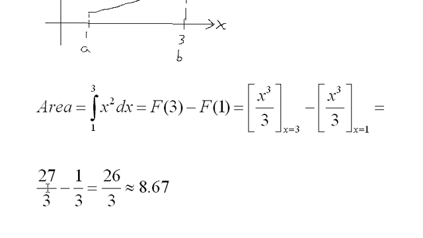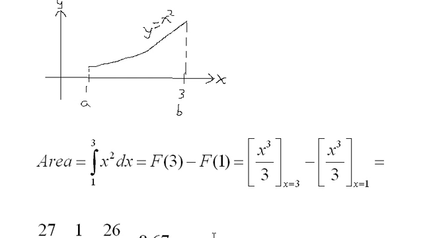So if I evaluate at 3, of course, I'll get 27 over 3 minus 1/3, which is 26/3, which is approximately 8.67 square units, whatever the units are. And last time we got 10.75, so this is less, right? And this is the exact, actually 26 thirds is the exact area under that curve.